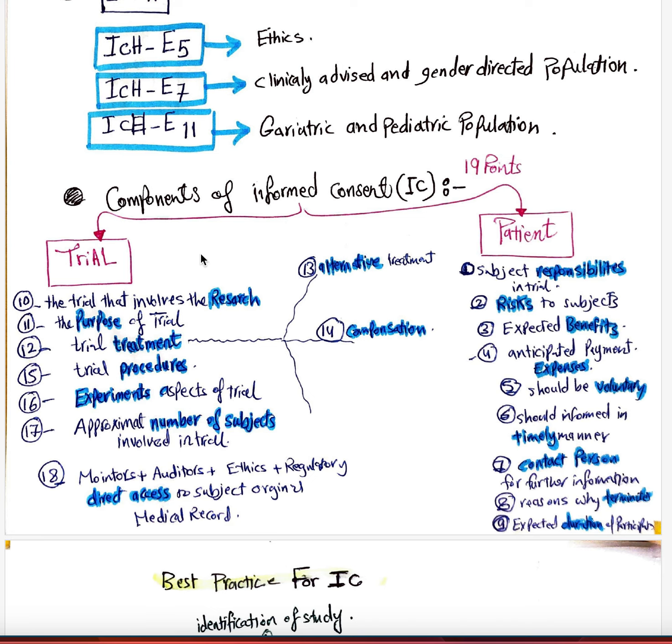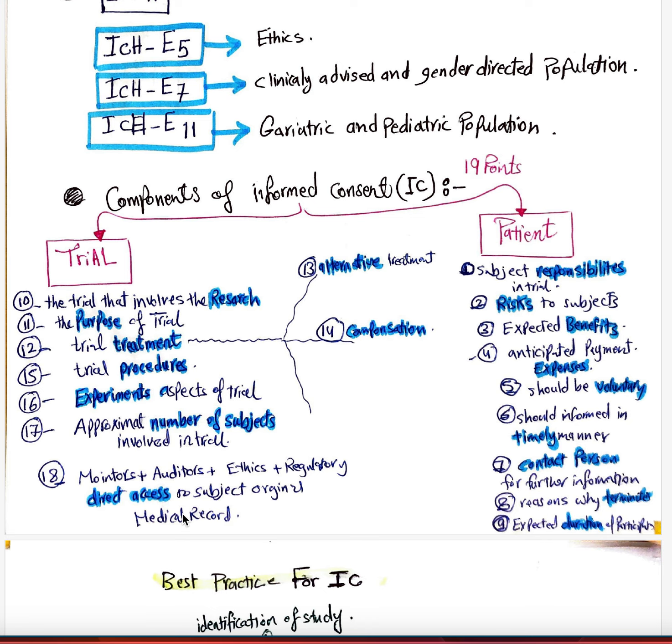We have a trial and we have a patient. The trial involves research: the purpose of the trial, the treatment of the trial, the treatment procedures, the experiments of the trial, the approximate number of subjects, the monitors, auditors, ethics, regulatory authorities, and direct access to the subject's original medical record.